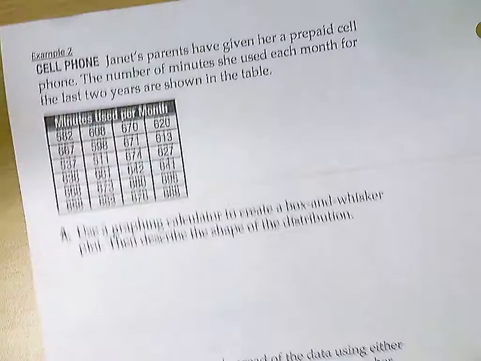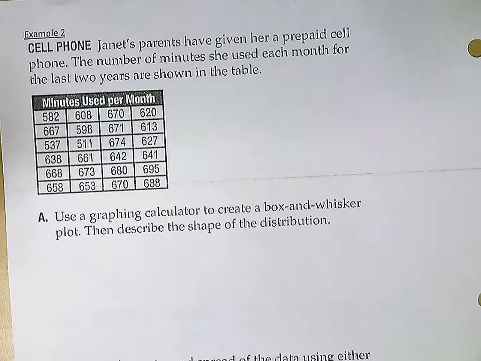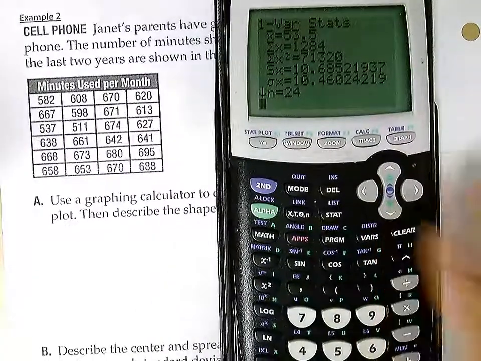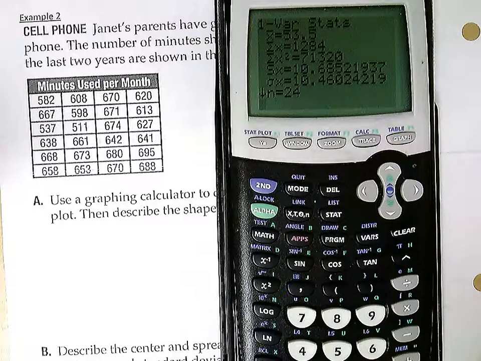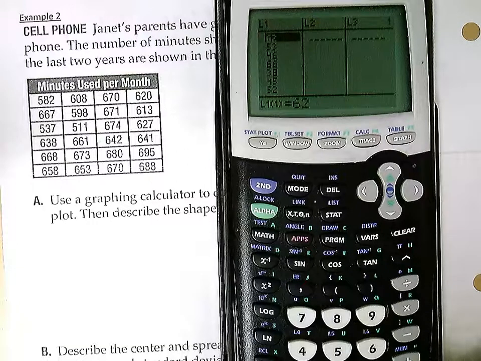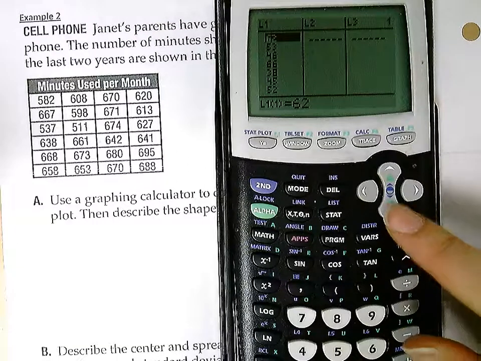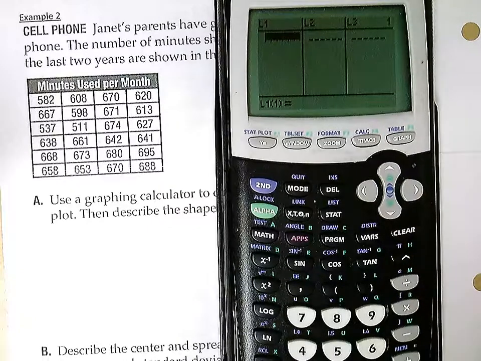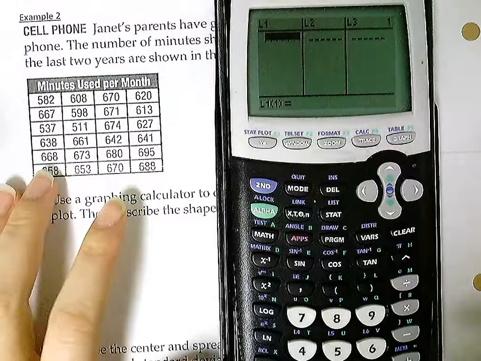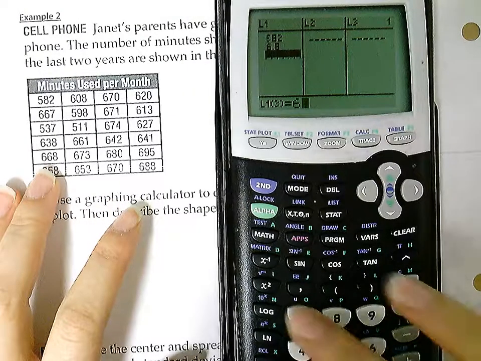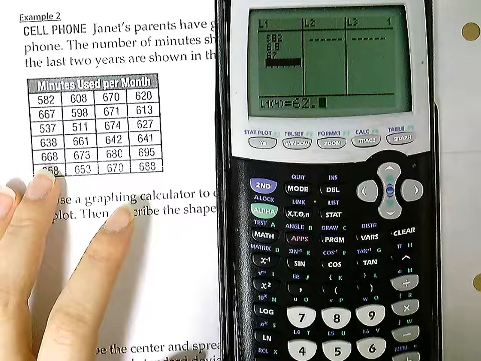So in your graphing calculator, you want to go back to L1 and enter all of that data in L1. Okay, so how do I get to L1? What do I press? Stat. Then what? Enter. How do I clear? Up, clear, enter. Good. Then I can enter all of that data there.